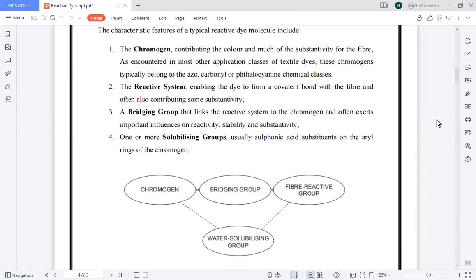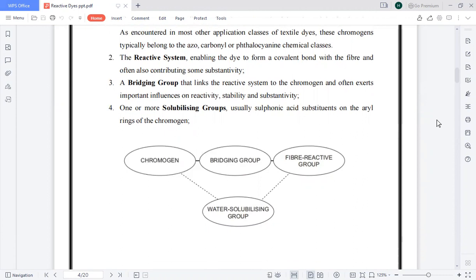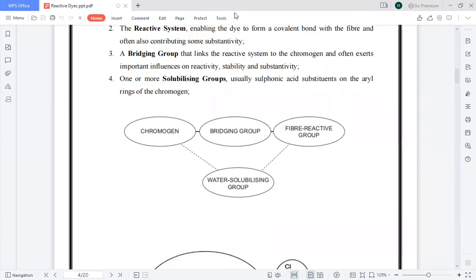The third one is the bridging group that links the reactive system with the color-carrying part of the dye, that is the chromogen, and it may influence the reactivity, stability, and substantivity of the dye. And the fourth one is the solubilizing group, which usually is in the form of sulfonic acid substituents on the aryl rings of the chromogen. So here is a schematic diagram of the reactive systems of a reactive dye.